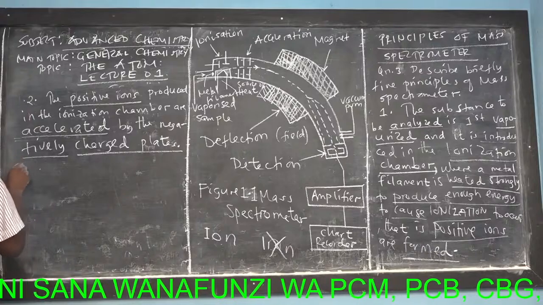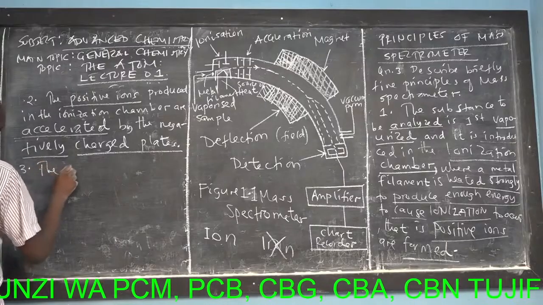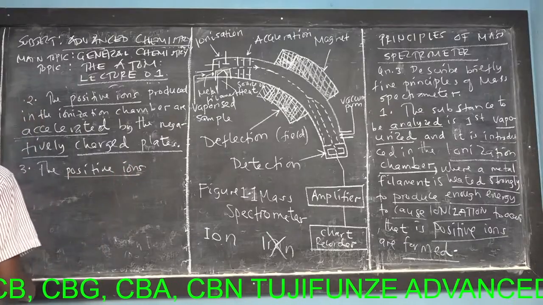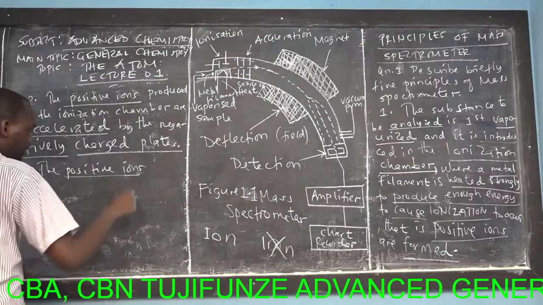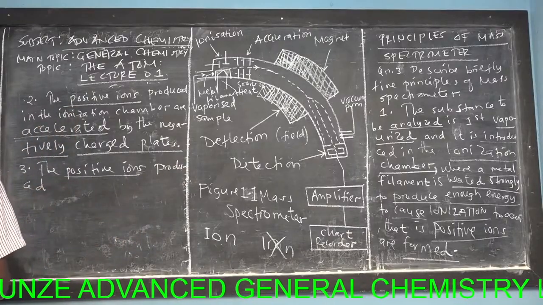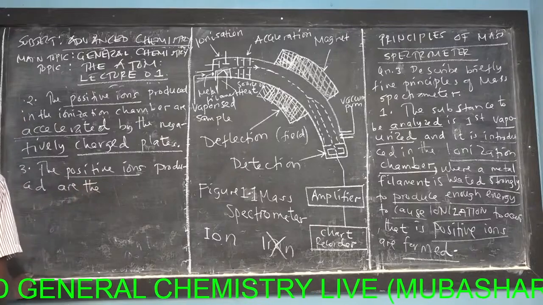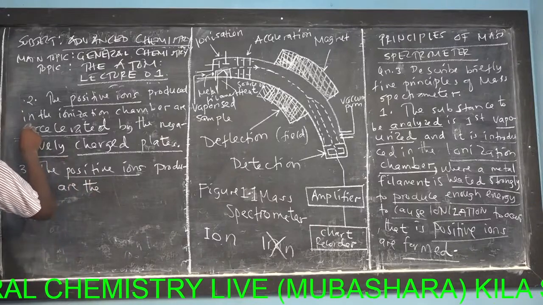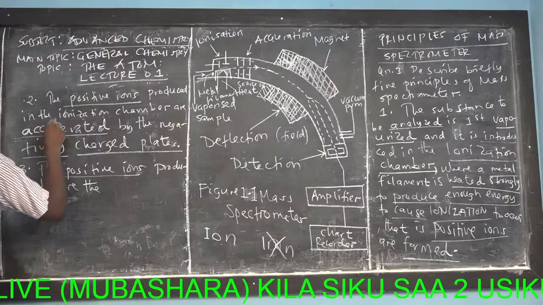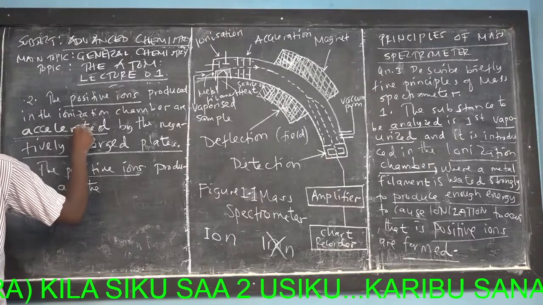So the third principle: the positive ions produced are then deflected by the magnetic field. We said accelerated, so it's better if you bold it, the acceleration or accelerated.